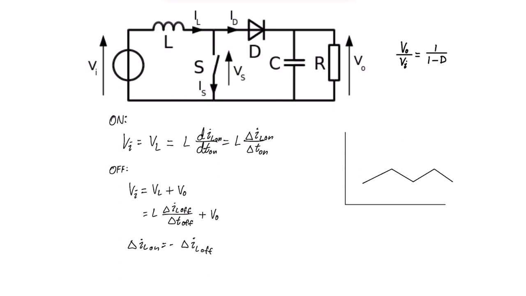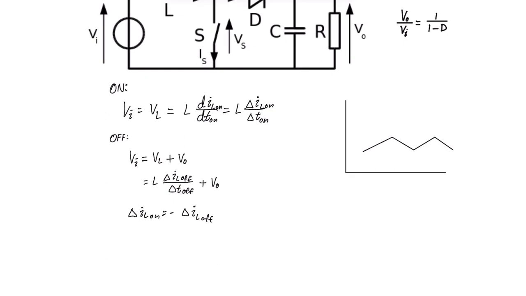So in order to make the average current that goes through the inductor here constant, all of these points need to have the same current value, okay? Which means that this change up here needs to be equal to this change when it's going down.